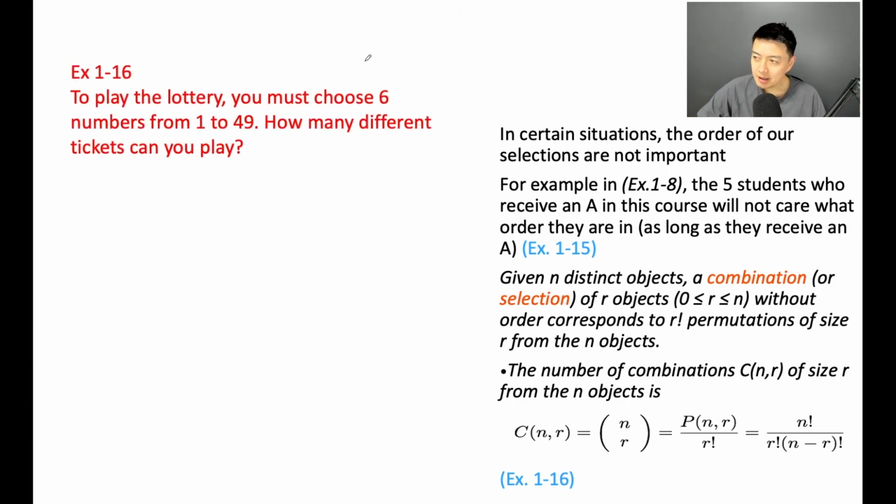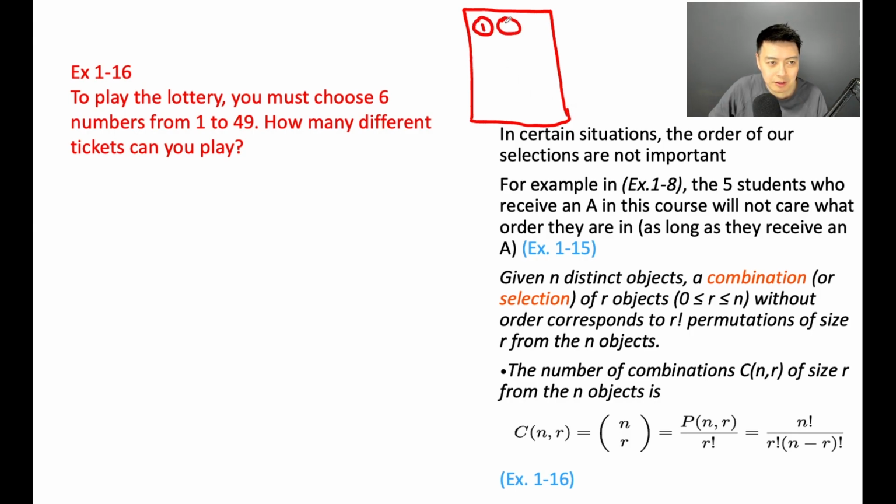In order to play the lottery, you must choose 6 numbers from 1 through 49. How many different tickets can you play? The way that you play a lottery is that we have a lottery ticket, and lottery tickets usually are numbered 1 through 49.